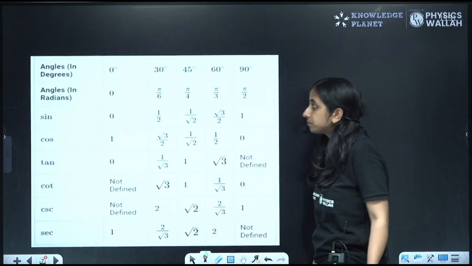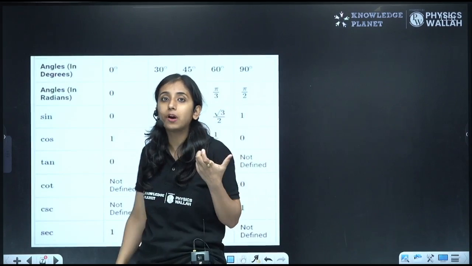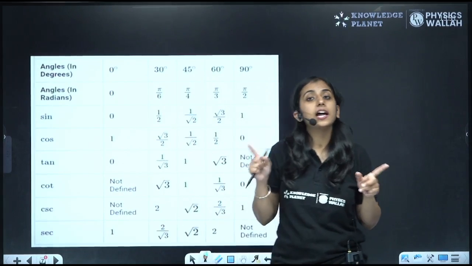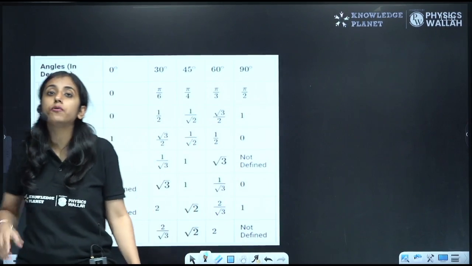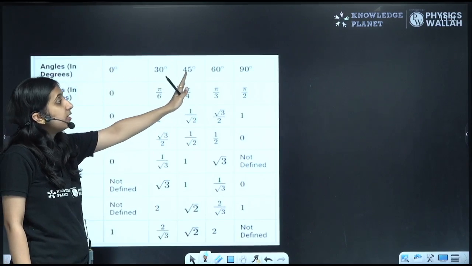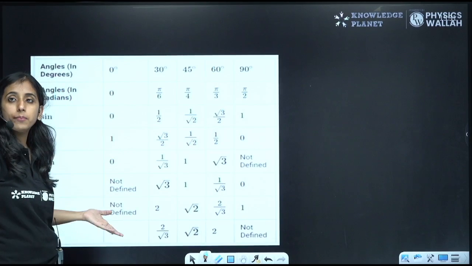Now see, we know that we have 6 basic trigonometric functions: sine, cosine, tangent, cotangent, secant and cosecant. Okay, so for some fixed values of angles 0 degree, 30 degree, 45 degree, 60 degree and 90 degree, we need to remember the values.